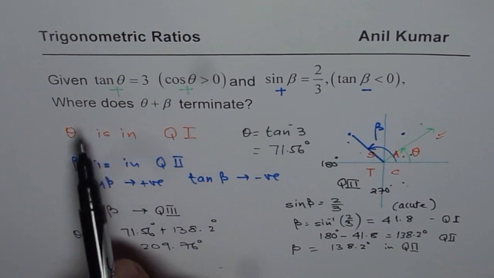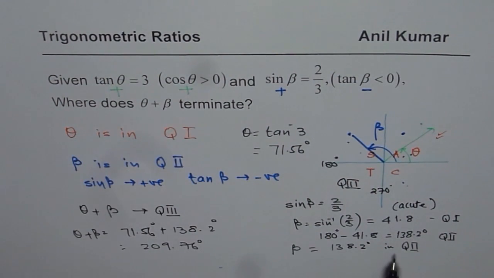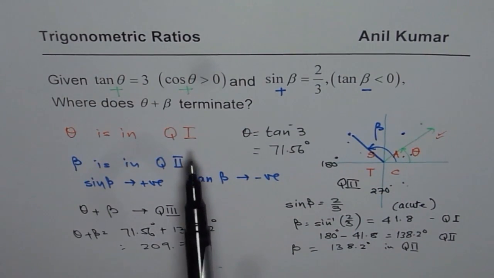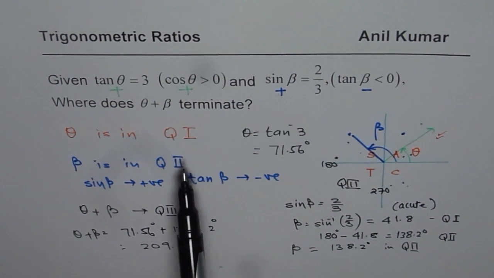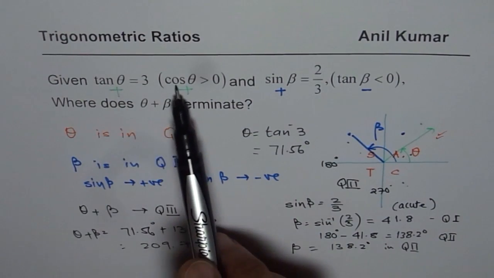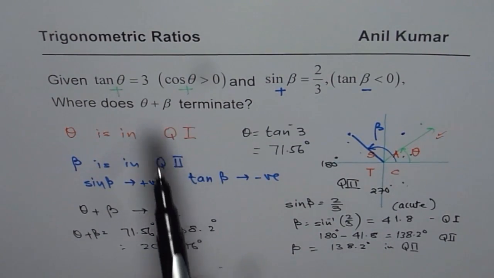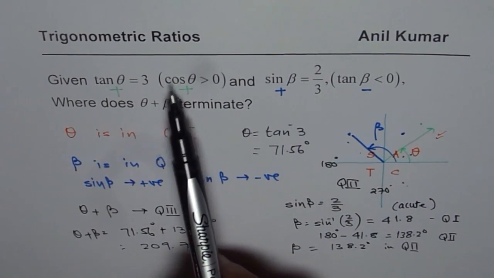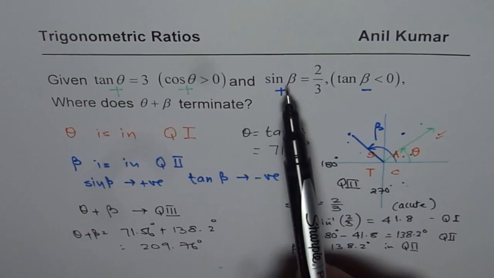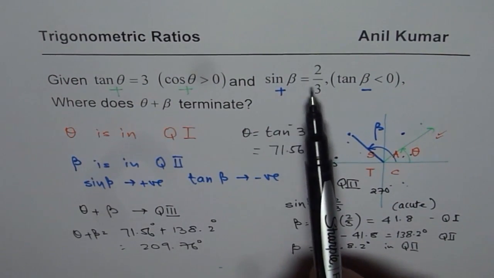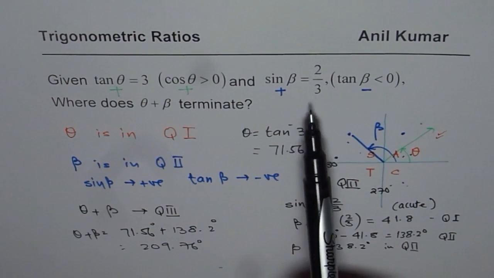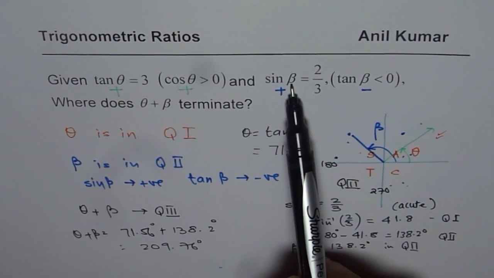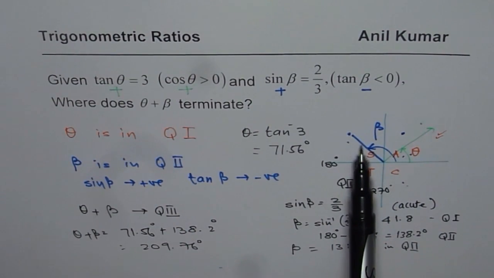As far as the question is concerned, you really don't have to calculate the values. You can reason it out. Theta happens to be in quadrant 1, since tan theta and cosine theta both are positive. Sine of beta is positive, tan of beta is negative. Therefore, beta has to be in quadrant 2.